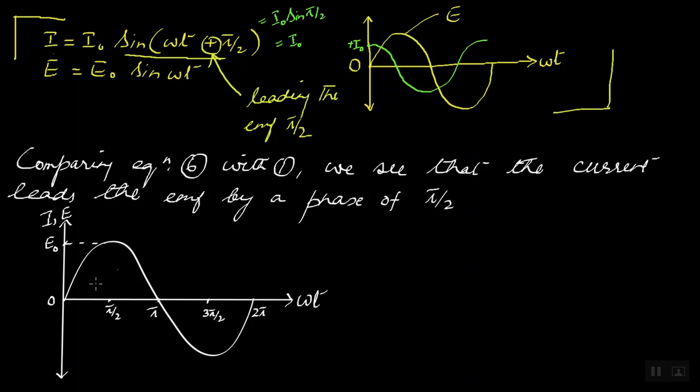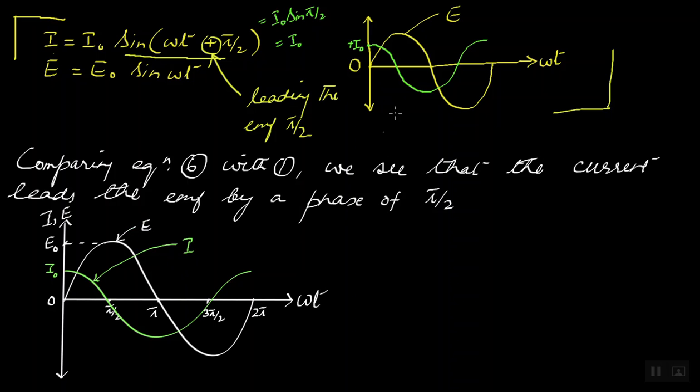So for the current, I'm going to use green color. Yes. So this part here is I naught. Got it? So this basically is the plot for current, and this is the plot for the EMF.